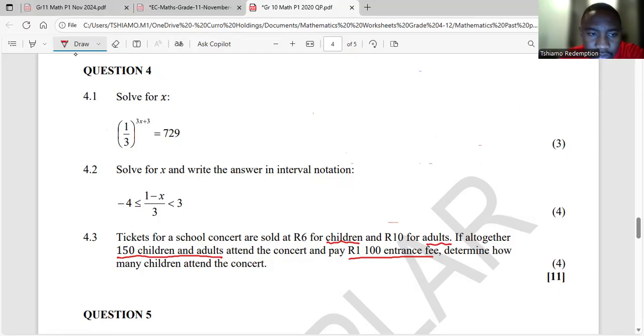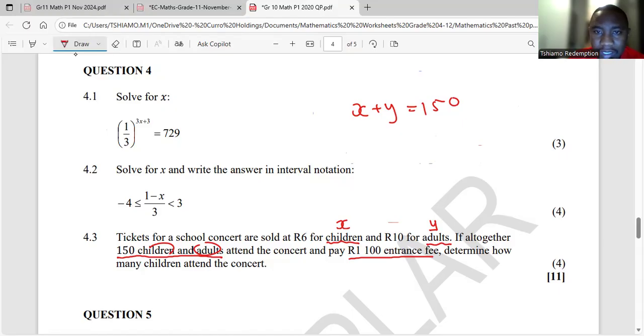Okay, so we're gonna assign variables firstly. Let's say children is X and then adults is Y. Okay, so the first equation that I'll set up is X plus Y equals 150. So they said the number of children and adults put together is equal to 150.